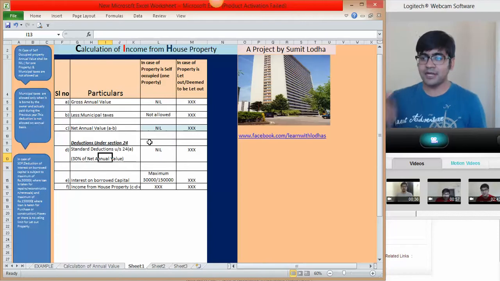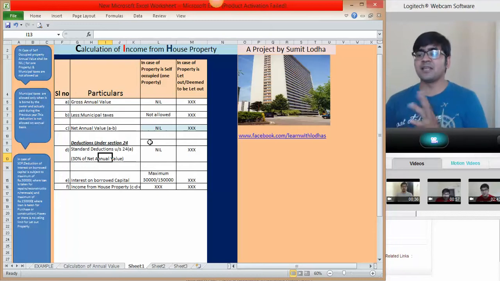For example, for painting you have taken a loan from a bank and you are paying interest. In that case, you can't claim more than rupees 30,000 as interest deduction in a year from your self-occupied property.